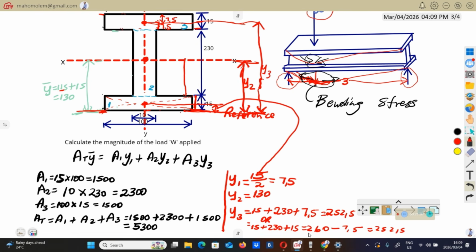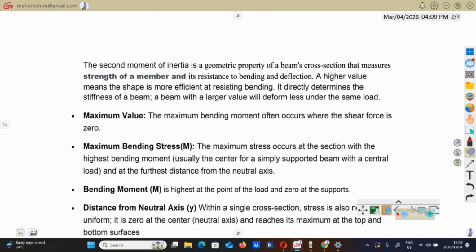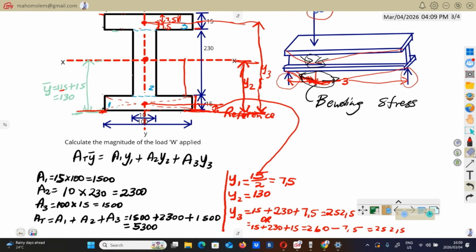So that will be y3. Or you can say the whole length minus this distance here, it will give you y3. Okay, we can use this one.